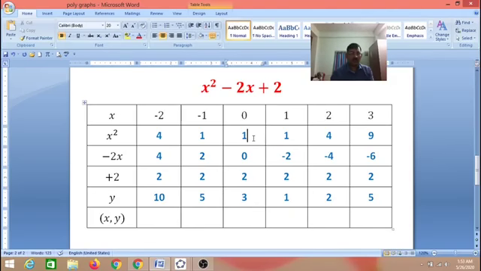Of course here it is 0 square is 0, 0 plus 2 is 2 only. So the symmetry property again you can observe here. Somewhere something is missing.